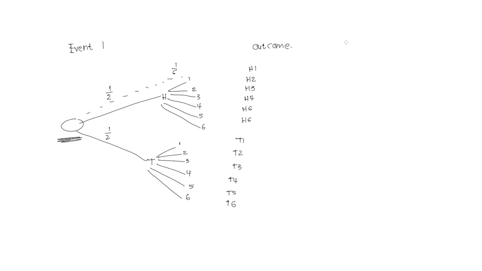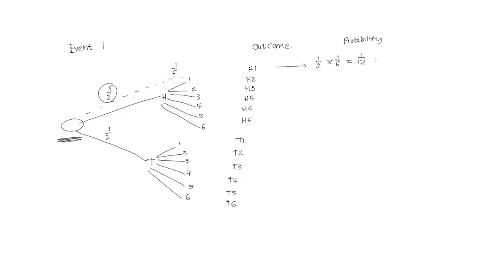For example, if we wanted to obtain the probability of tossing a head and rolling a 1, we would take the first part of the branch, which is a half, multiplied by the second part of the branch, which is a 1/6. And we would get 1/12.